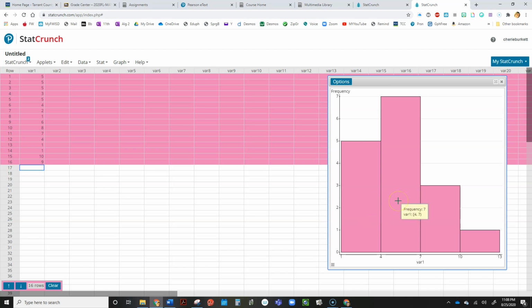And then when we get over here to this one, notice it starts at 4. It says 4 is where we're starting this bin. This bin starts at 4, and we're going to go all the way up to 7, but we're not going to include 7. And then that gets us the exact same numbers in the bins as it did when we used boundaries by bumping them out to the middle.